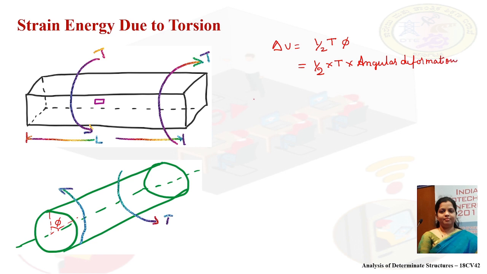This angular deformation can be computed using the torsion formula, that is T by IP is equal to G phi by dx. Phi is equal to T into dx by G into IP, where IP is the polar moment of inertia.